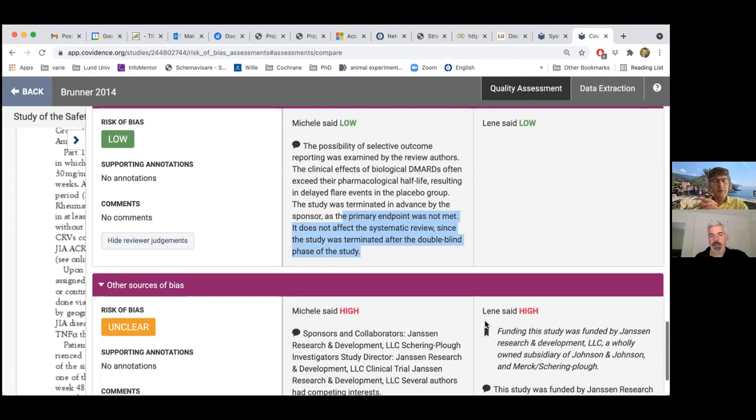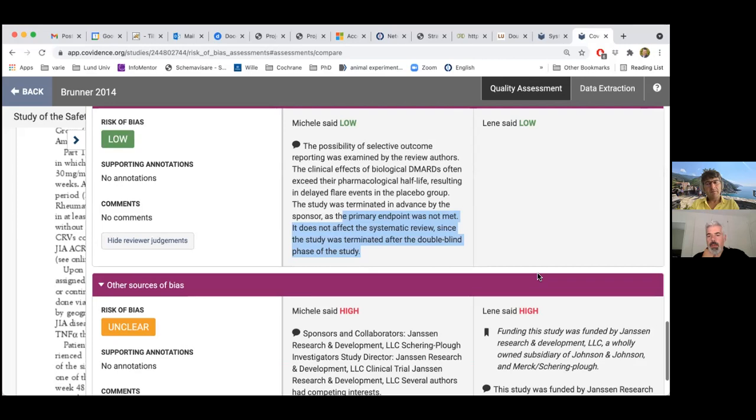Okay. So just to summarize, the most important thing is to comment on all the items. The comment is much more important than the high, low, or unclear. Yeah. And you can either write your own comments, or you can quote what is written in the paper.